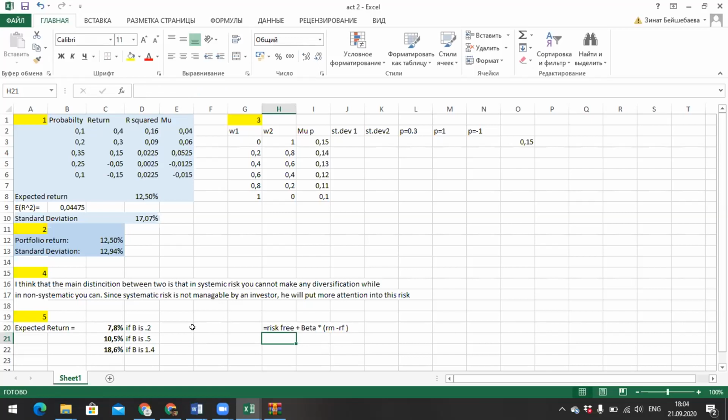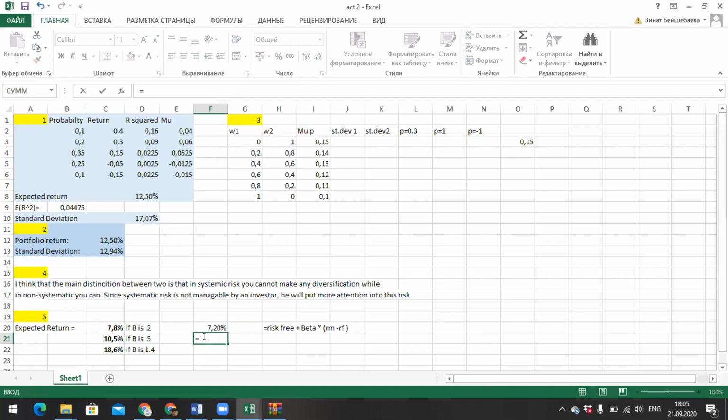Okay, great. Now, using this formula, let's calculate. Our risk-free rate is 6%, plus beta. Beta is 0.2, times, open the bracket. What is the market rate? 12%. So this is what we got here. Okay, now we can see it. Okay, go ahead. Next one. Yes.